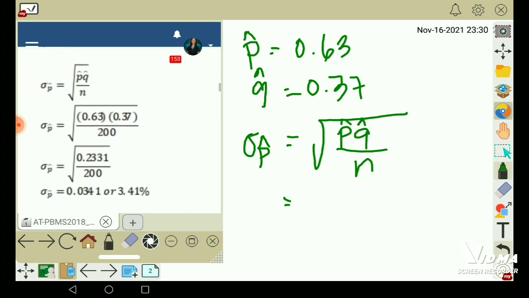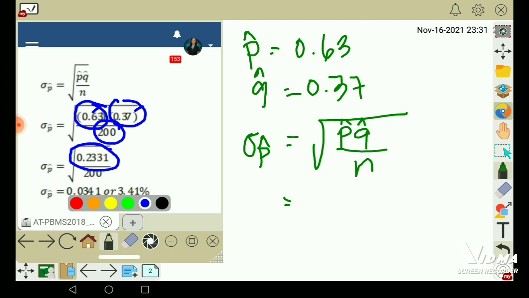Substitute. P hat is given by 0.63 and your q hat is given by 0.37, and then your sample size is 200. So 0.63 times 0.37 is 0.2331 over your sample size, which is 200.